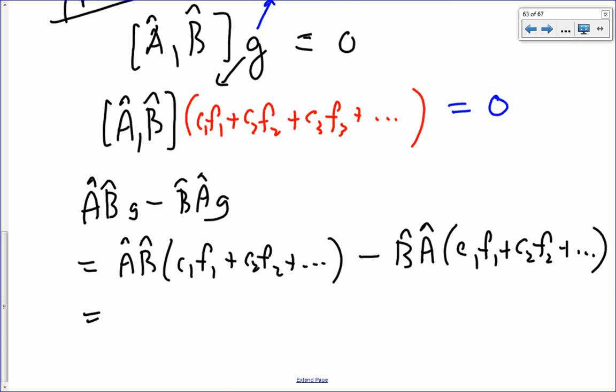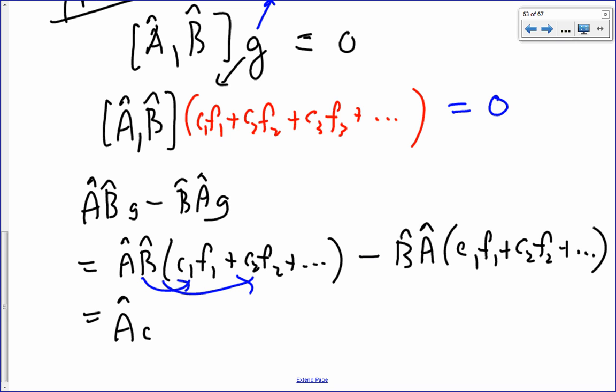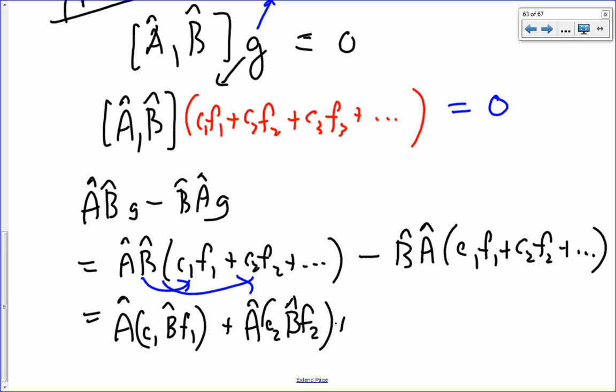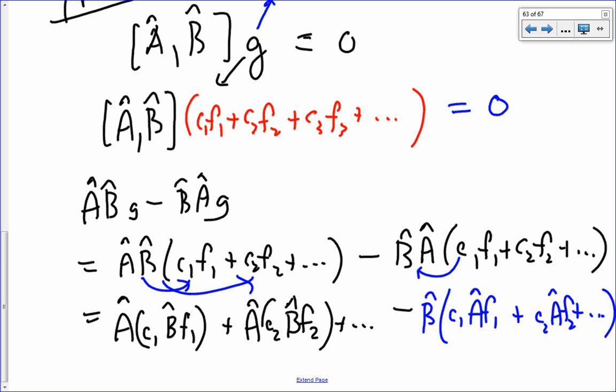You can distribute, right? So that's going to be A hat, and then I can pull out my constant, so this is going to be C1 B hat F1, plus A hat C2 B hat F2, plus and so on, minus over here, I'm going to have B hat, and then I can pull out my constant, so C1 A hat F1, plus C2 A hat F2, plus and so on.